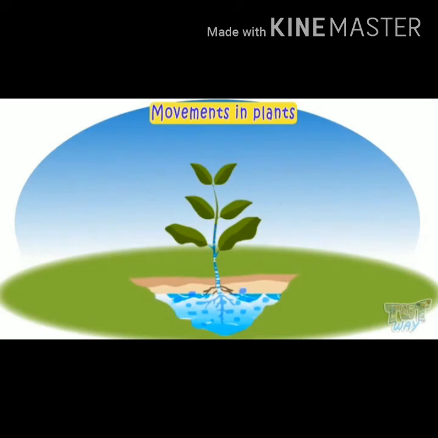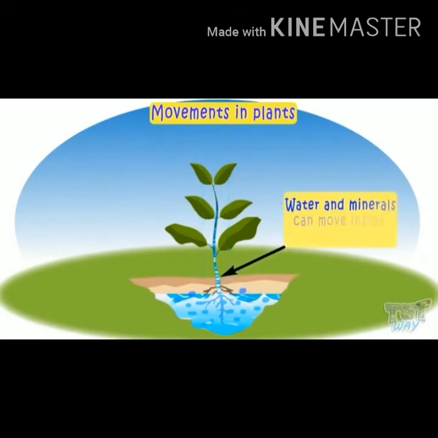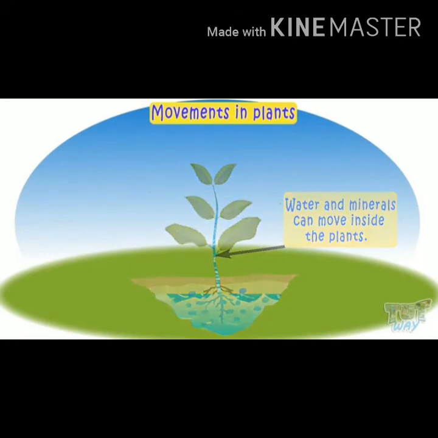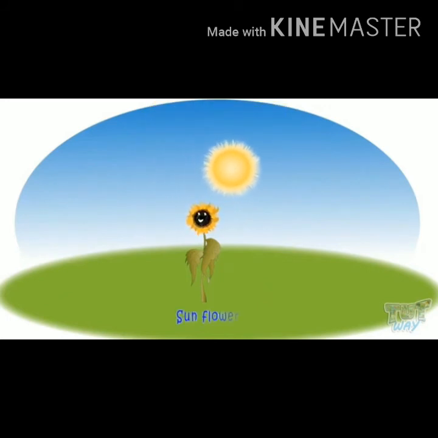Plants can't move their body, but they can move water and minerals from one part of the plant to the other part. And some plants can move their body too, to some extent, like the sunflower, which moves with the direction of the sun.